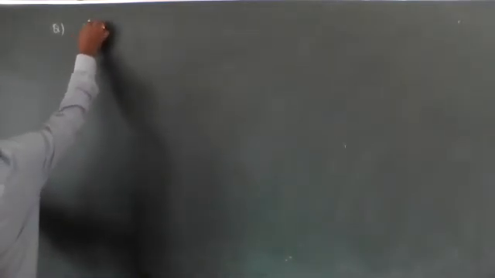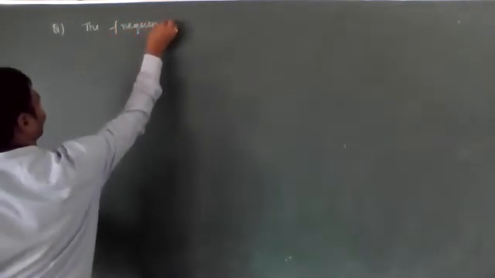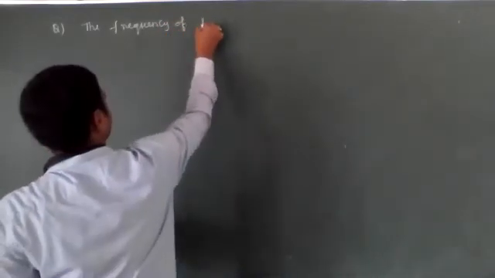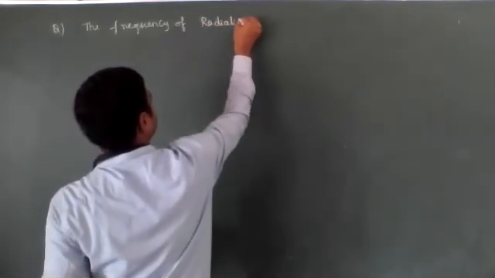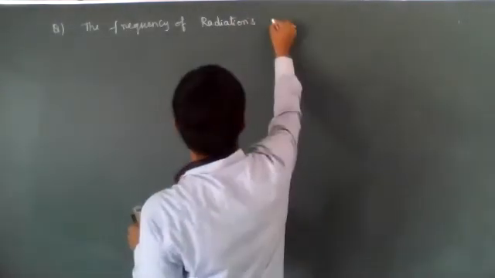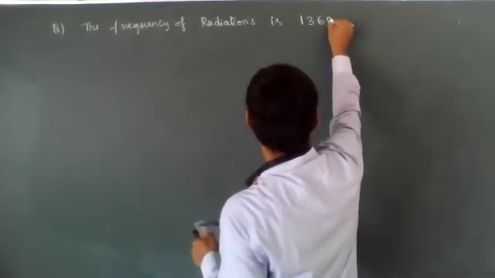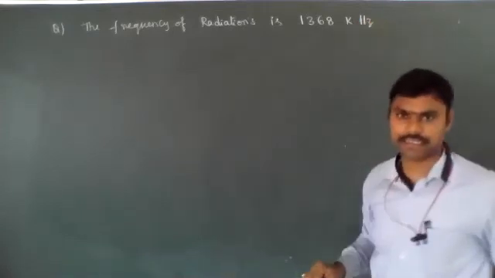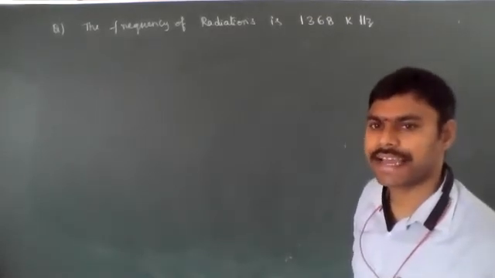The frequency of radiations is 1368 kilohertz. What are the units for frequency? Second inverse, or hertz, or cycle per second.